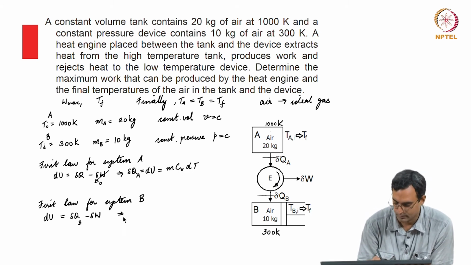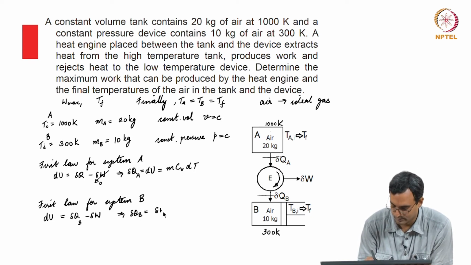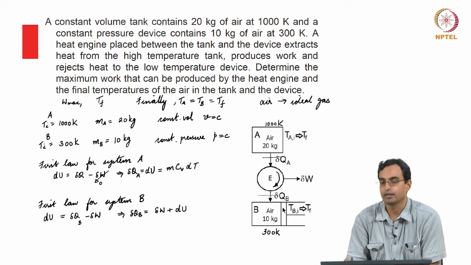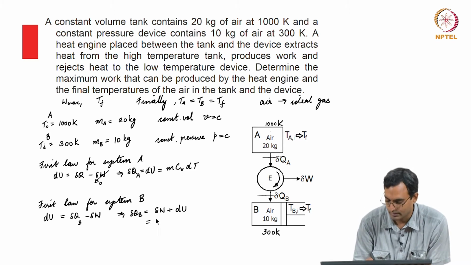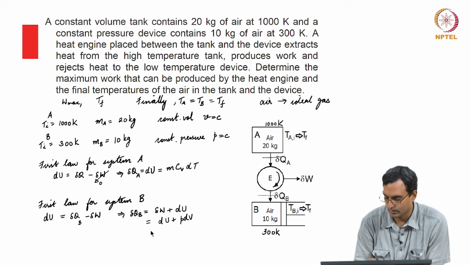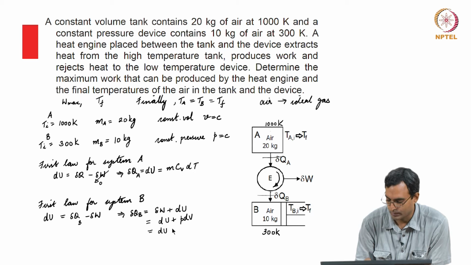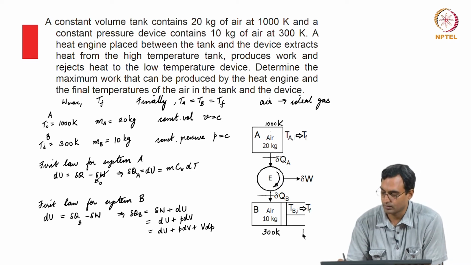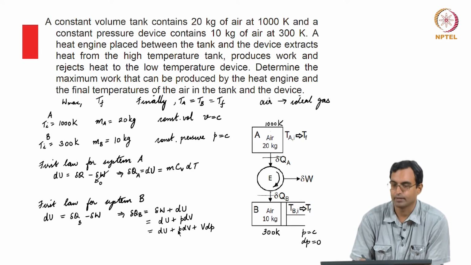So, there is PdV kind of work, it is a constant pressure process. So, this del W is essentially PdV. I can also write this as dU plus PdV plus VdP, because pressure is constant, dP is 0, essentially I am just adding 0, it is fine.